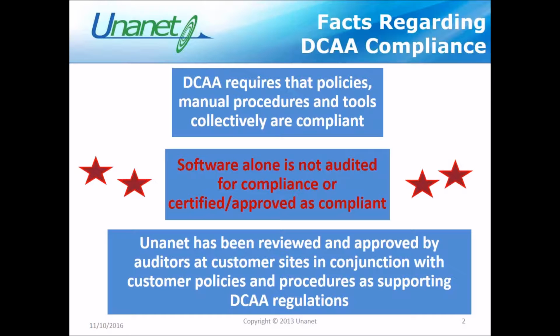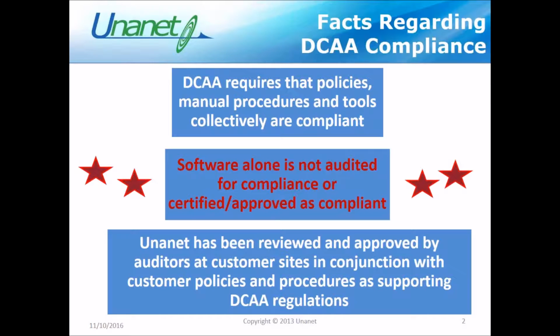Unanet has features and functions that directly support the requirements stated in the Automated Timekeeping System section of the DCAA requirements. Note that the DCAA requires that the timekeeping process collectively, including the policies of your organization, your manual, your procedures, the totality of those items is what is required to be compliant.